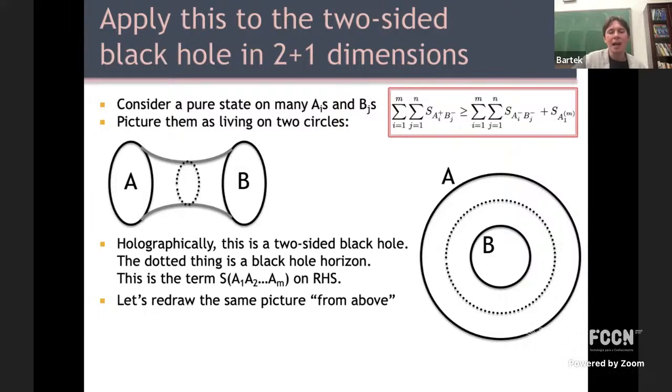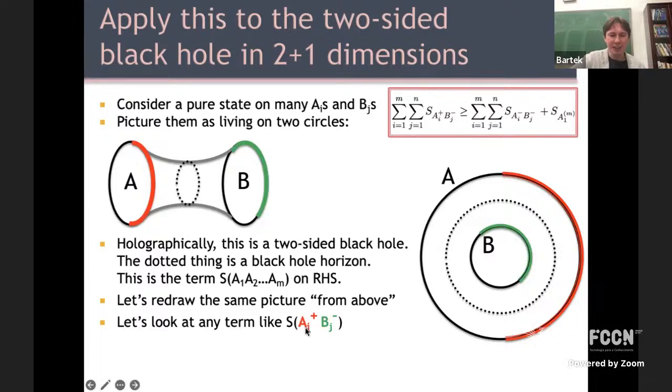Okay. And then what we want to do now is look at any term, such as the entropy of this AI plus region and BJ minus region, which we defined before, which show up in the inequalities. Well, the AI plus region, any one of them, is something which is just larger than half of the A circle. And the BJ minus is something that is just smaller than half of the B circle.